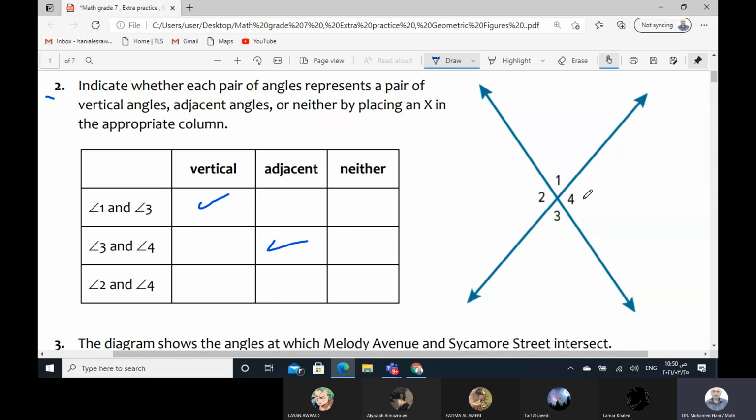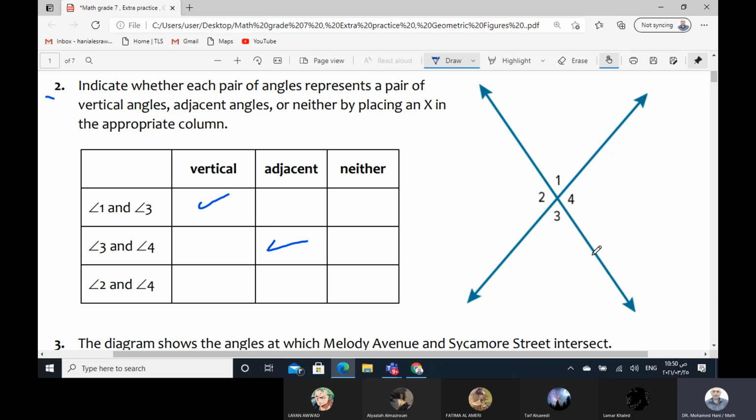So adjacent means we have a common line between them. And vertical means the opposite angles that have a common vertex, where the first line in the first angle is the same line in the second angle, and the next line in the first angle is the same line in the second angle.